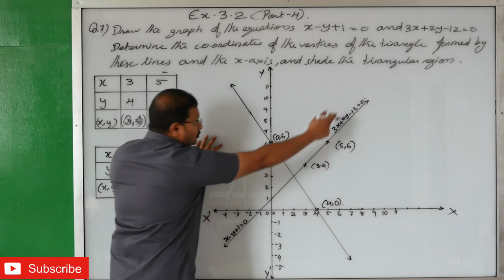Ready? Here, the vertices are, see, we can start from any point. So I am starting from here, minus 1, 0, after that 2, 3 and 4, 0. So we got now the entire exercise.